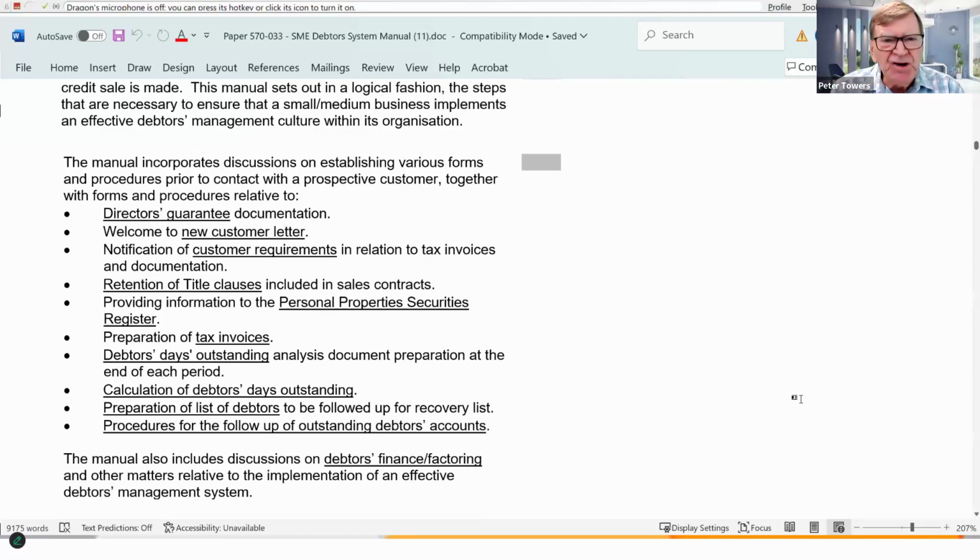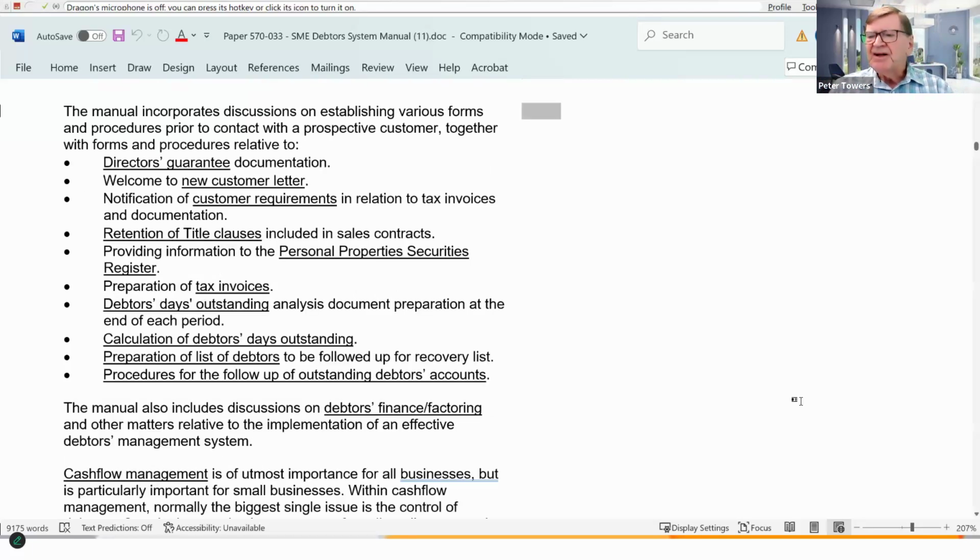The Personal Property Securities Register is also a major area abutting debtors and debtors management, because the personal property securities register being ignored or not understood can cause significant problems with some of your debtors management.